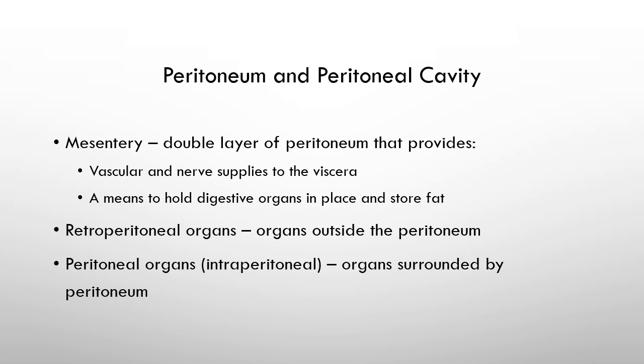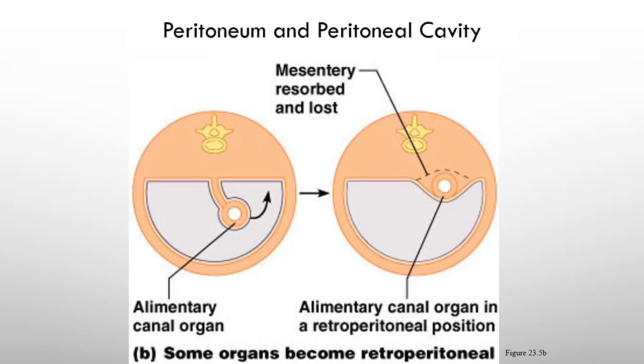The kidneys are smushed back in there as well. Those get stuck to the posterior aspect also, and then parts of the ascending and descending colons.